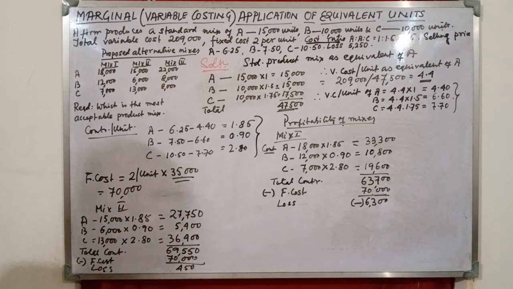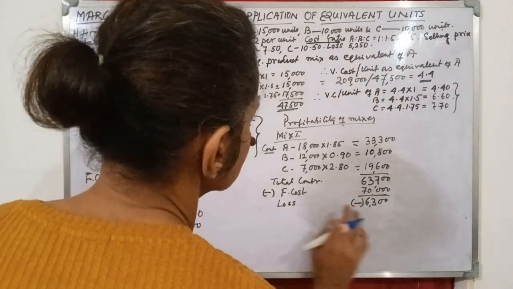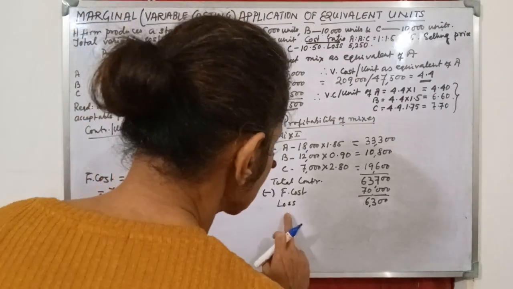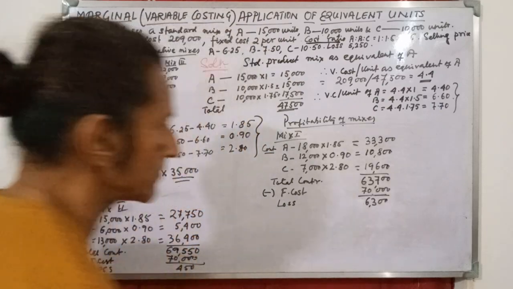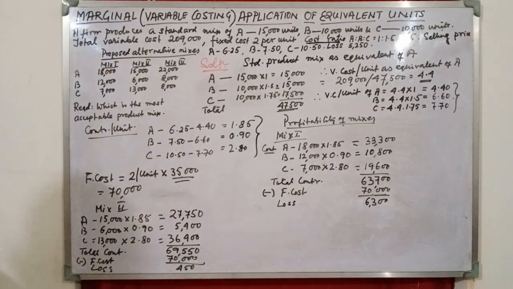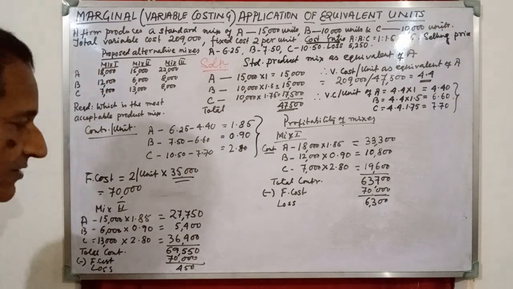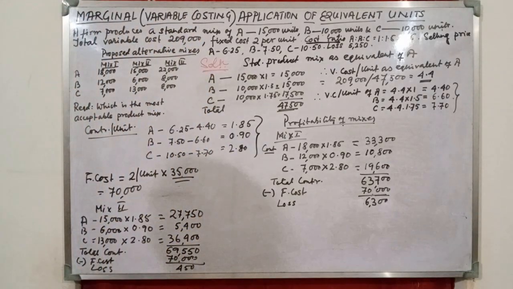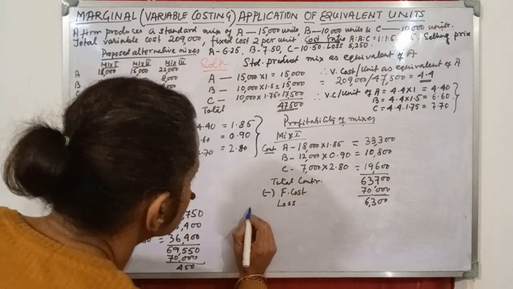Correct? Since I have already written loss, I erase the negative sign. So product mix 1 is giving a loss of 6,300 and proposed product mix 2 is giving a loss of 450. Now we see the profitability of product mix 3.